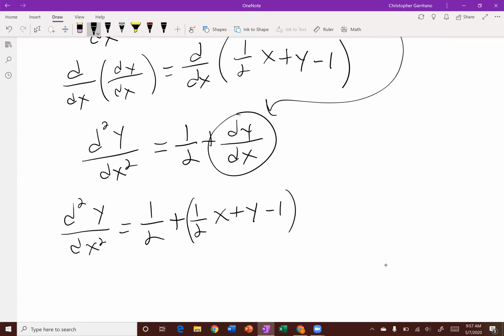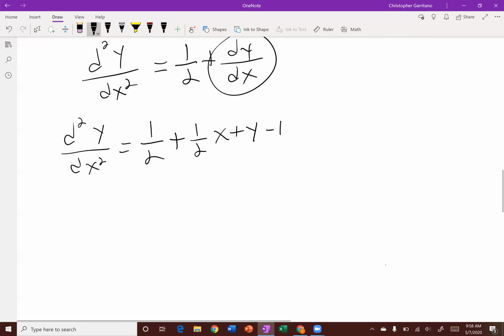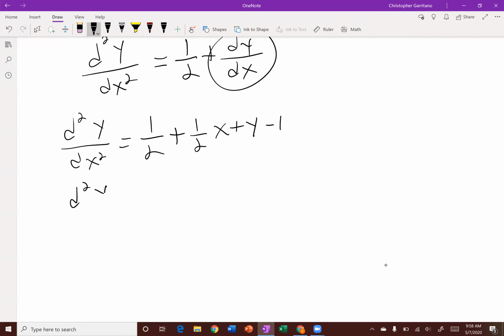This should be in parentheses technically, but since we're adding the two terms together, the parentheses don't really come into play here. I'm going to just combine like terms. d squared y over dx squared is equal to 1/2 x plus y minus 1/2. All right, so that's the second derivative.